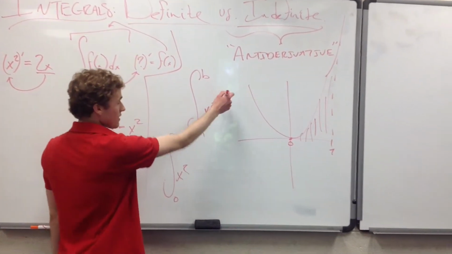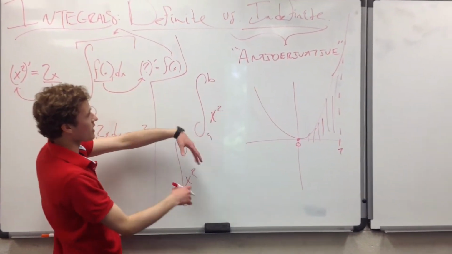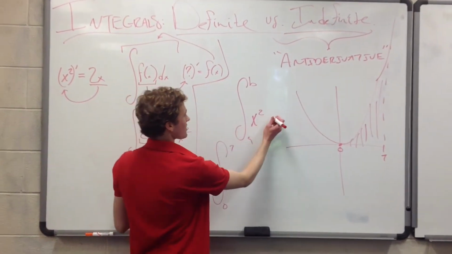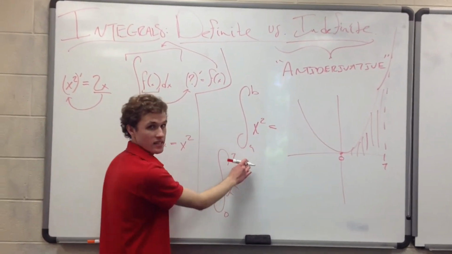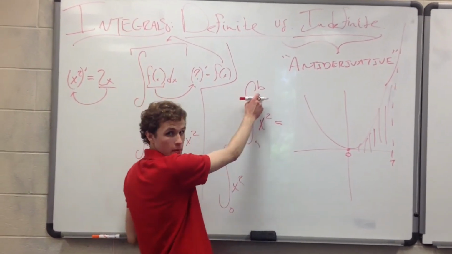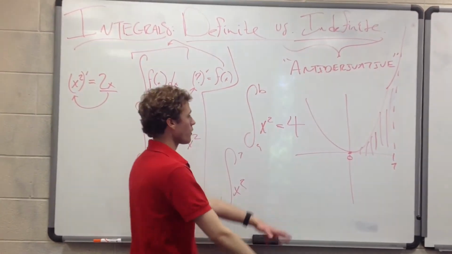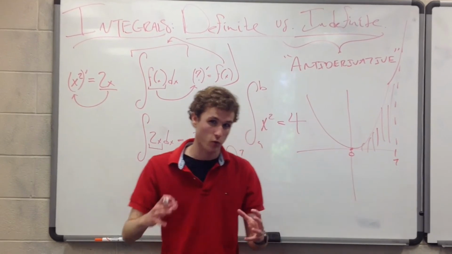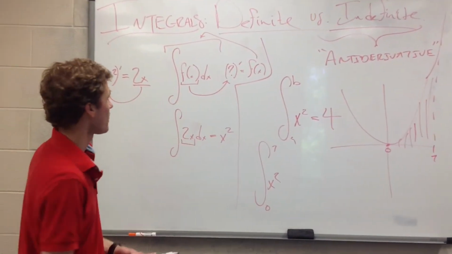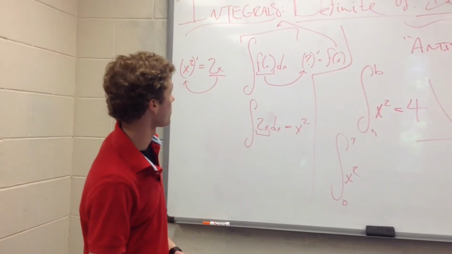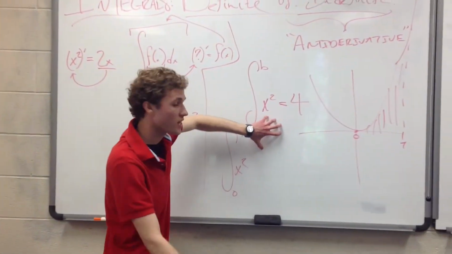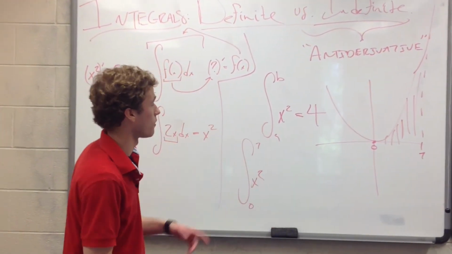Let's say hypothetically that the definite integral of x squared over A to B was 4. Then we know that that's how much area is underneath that part of the graph to the x-axis. So that's all a definite integral is. It takes a function and it spits out area. So there you go. Those are those two.